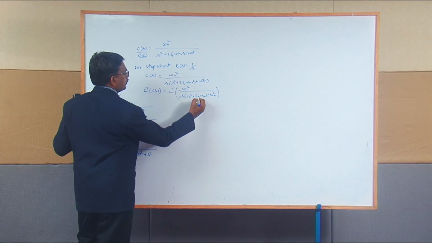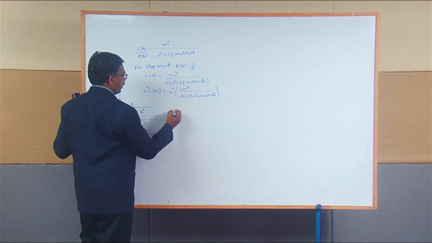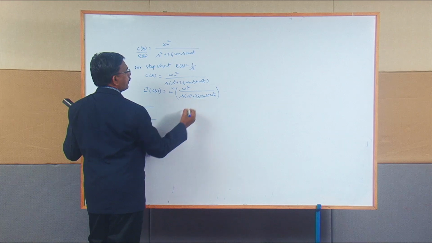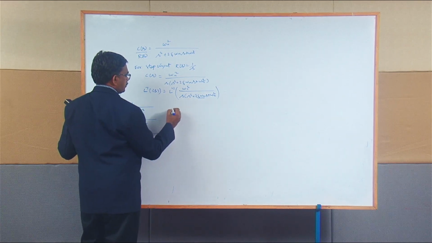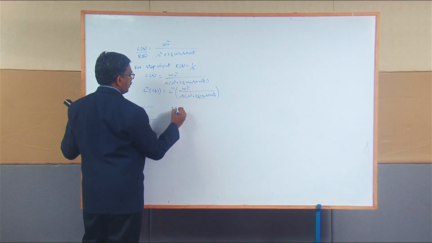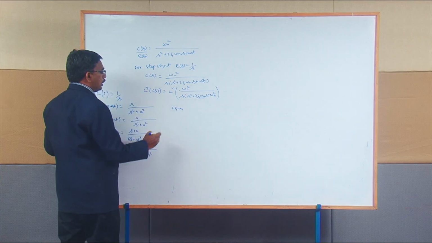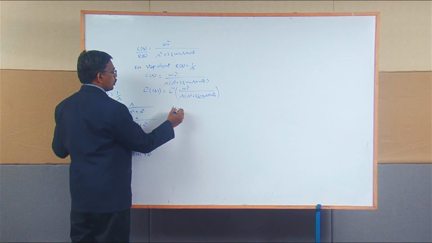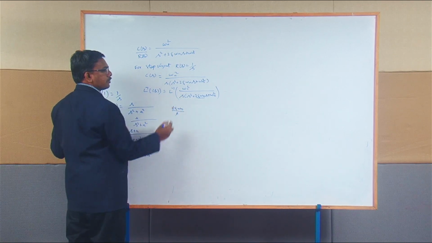To obtain the standard form, we take the coefficient of s, that is 2 zeta omega n, divide it by 2 and square it, then add and subtract.